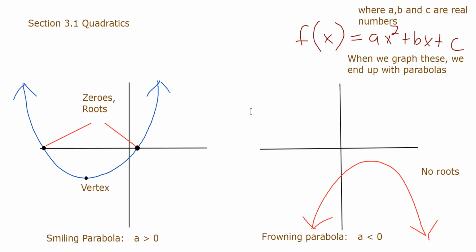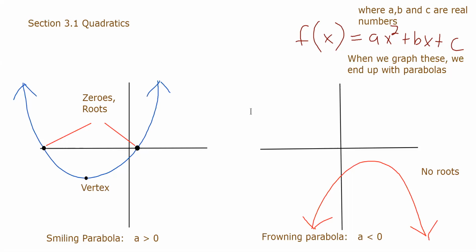That's okay. You may remember when we dealt with the quadratic formula, negative b plus or minus the square root of b squared minus 4ac all over 2a. You might remember that we looked at the business inside the square root, the b squared minus 4ac. We called that the discriminant.